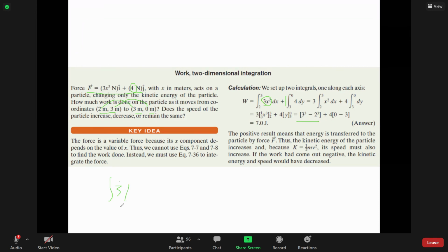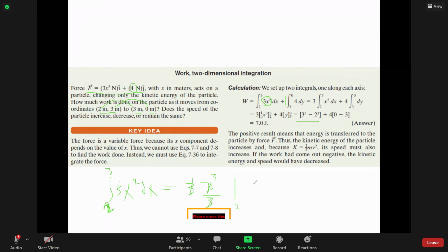3x² from 2 initial to 3 dx. What do I do? We said the constant goes outside, this 3 goes outside. Integration of the polynomial x², we increase the power by 1, so it becomes x³. We divide by the new power, which is 3. This 3 cancels with the 3. Now I have limits from 2 to 3.